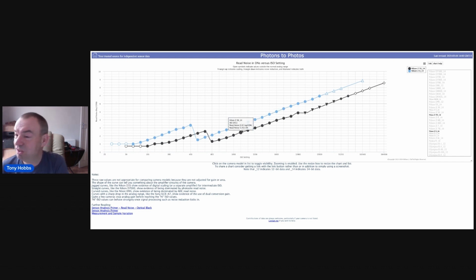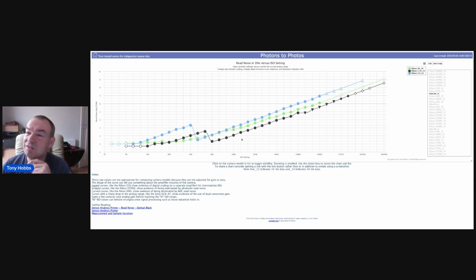So the Z5 2 is this black one, and then the Z8 is the blue. According to this, the Z5 2 has less noise than the Z8, which it would, and I'm just wondering whether that would be quite good for nighttime photography, which is one of the reasons why I was hanging on to the D4, because of the low noise. But the Z8, and then let's go back to the D4.